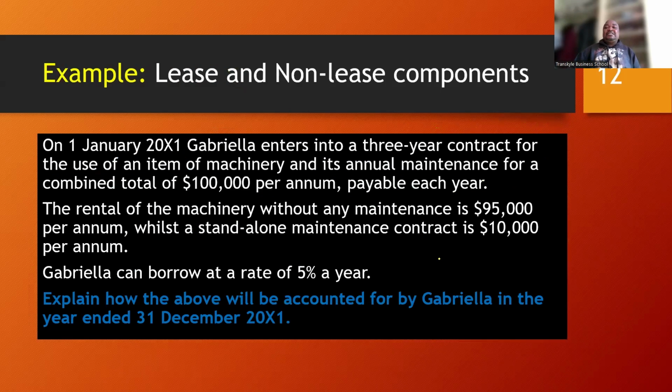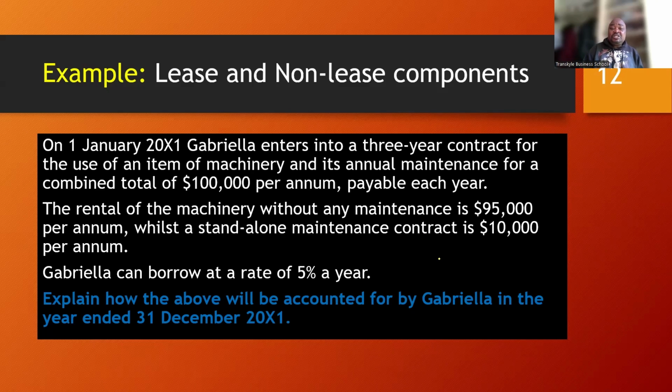Let's now look at the thing which we touched on in part and parcel, the lease and non-lease components. This example might be more useful to us as we venture into critical lease accounting issues. On 1 January 2021, Gabriela enters into a 3-year contract for the use of an item of machinery and its annual maintenance for a combined total of 100,000 per annum, payable each year.